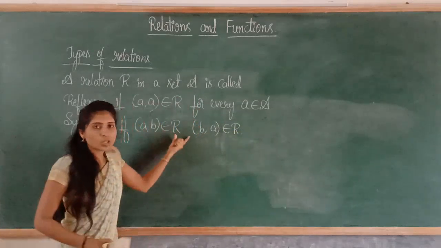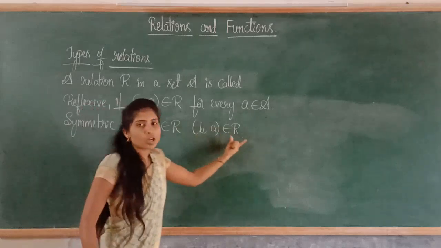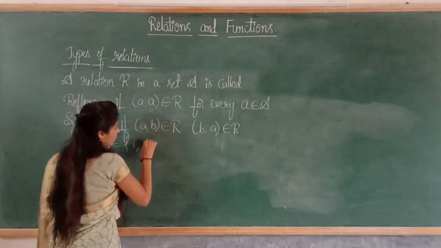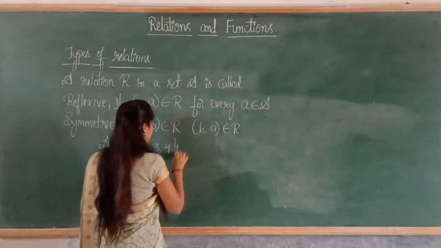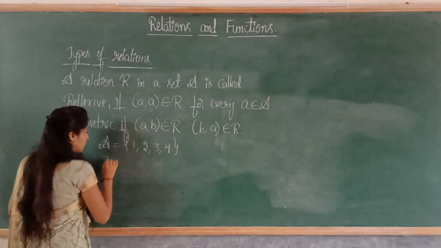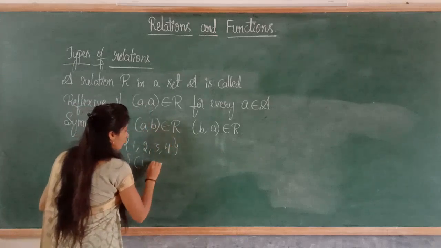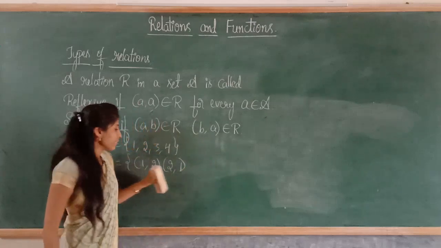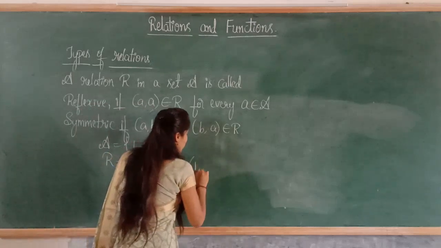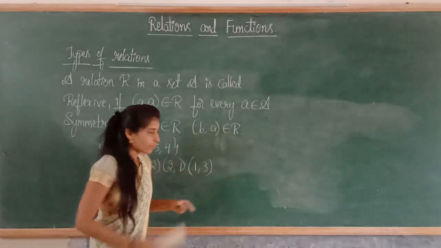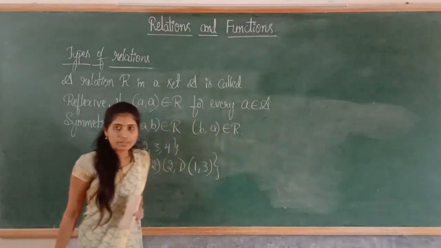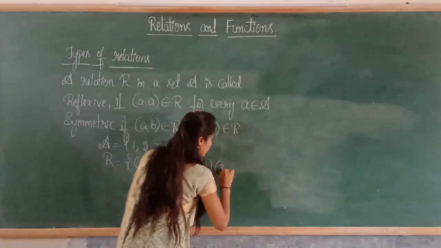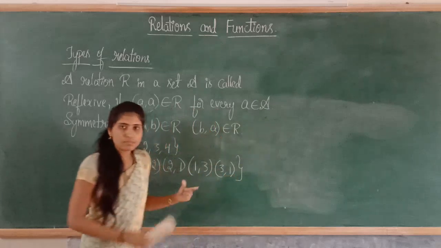If you get (a, b) belongs to R, its reverse order (b, a) should belong to R. For example, set A is equal to {1, 2, 3, 4}. Then if the relation has (1, 2), that means the reverse order (2, 1) should be in the relation. Then this is symmetric. Suppose (1, 3) is there, but (3, 1) is not given, this is not a symmetric relation. If (1, 3) is given, then it should be (3, 1). Then this is a symmetric relation.